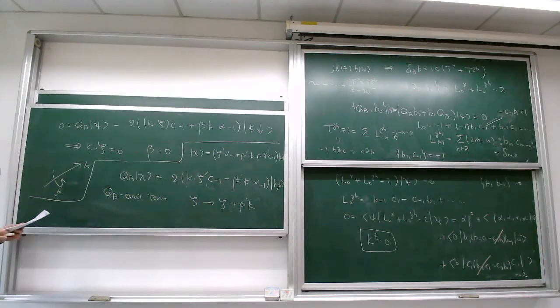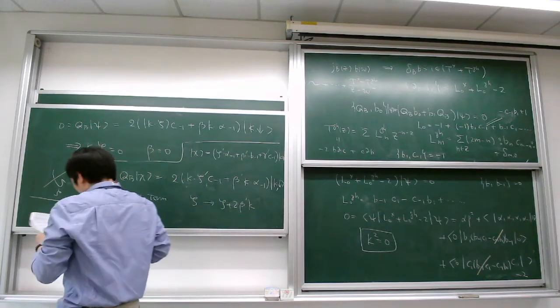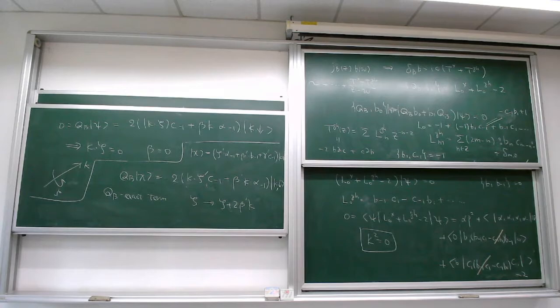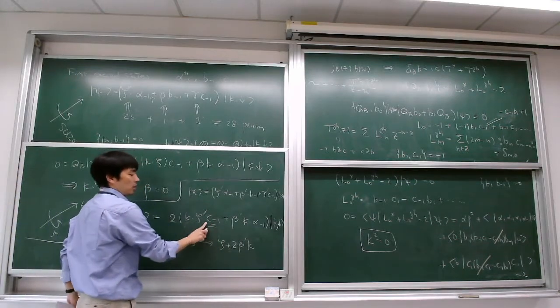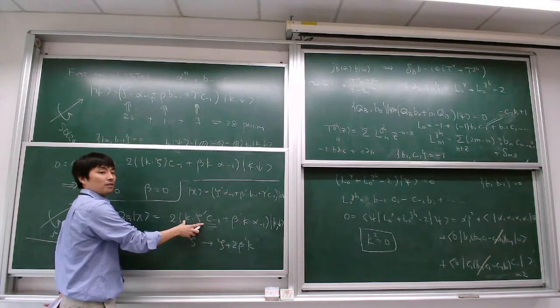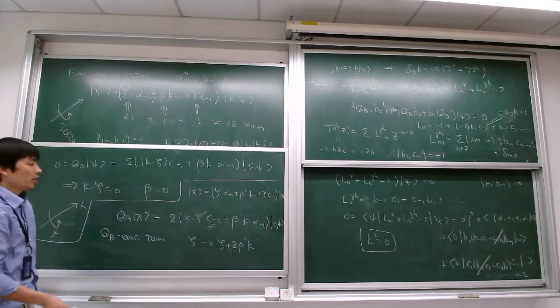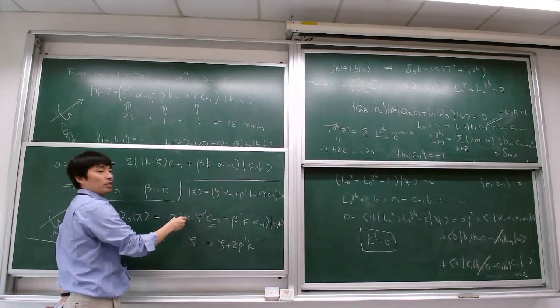And also, there should be a 2. Okay, thank you very much. So if you look at the c minus 1 part, this is just a number. This number is just unphysical. So zeta prime can be anything, so k contracted with zeta prime is some number.